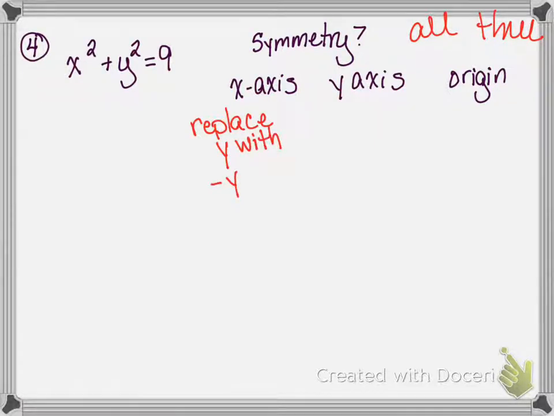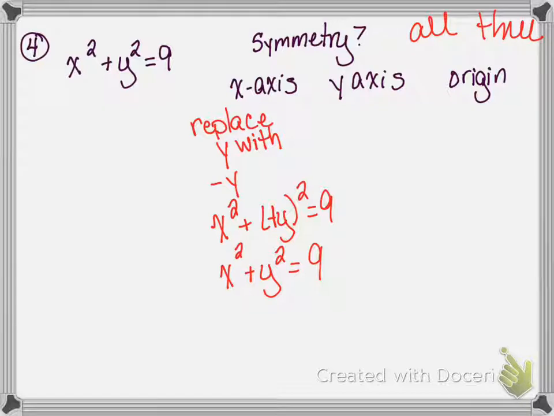So I have x squared plus negative y squared equals 9. So when I square that -1y, -1 squared is +1, so then I'm left with x squared plus y squared equals 9. And that's the same thing as I started with. So yes, this is symmetrical to the x-axis.